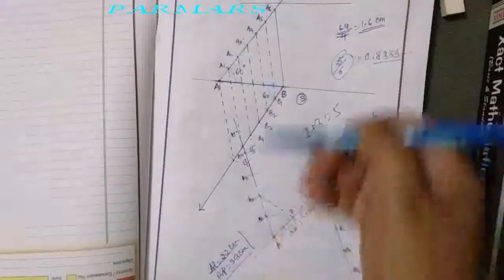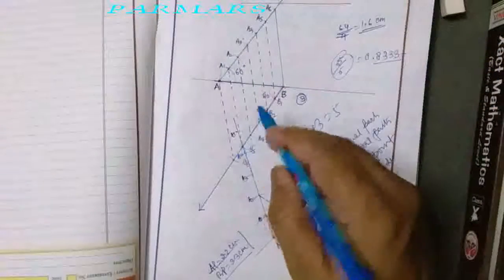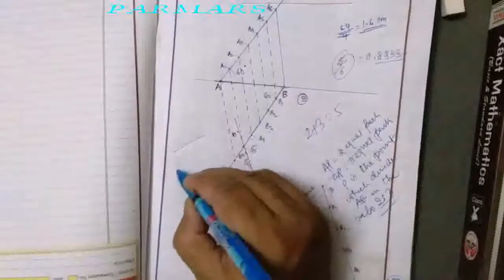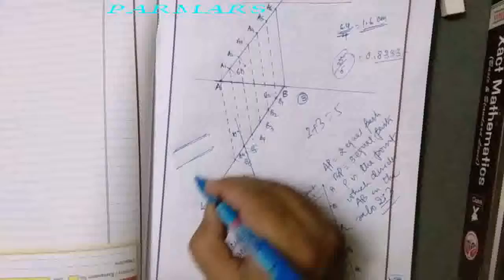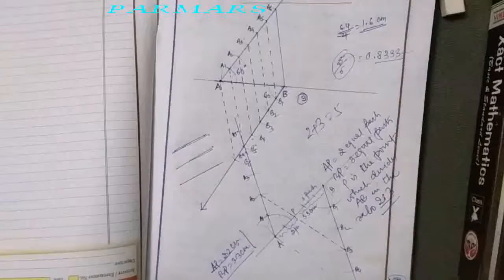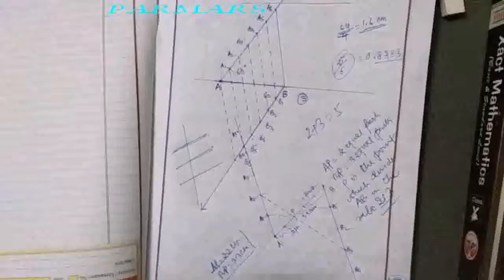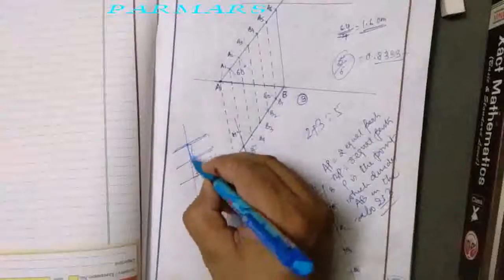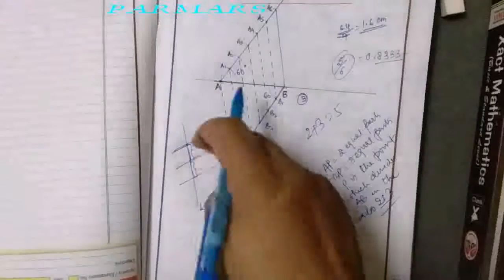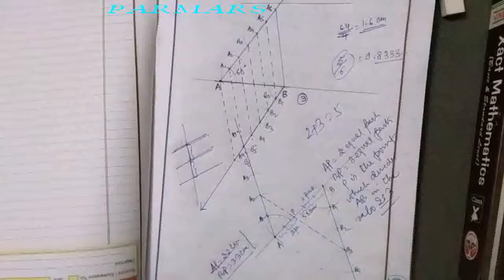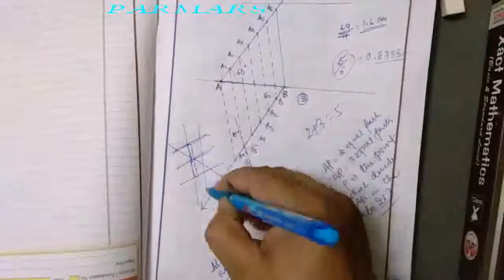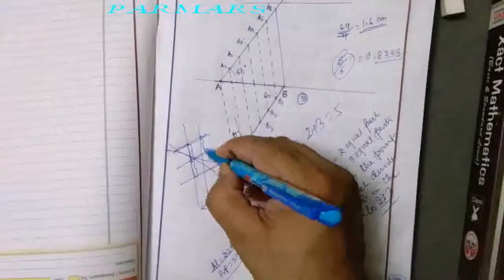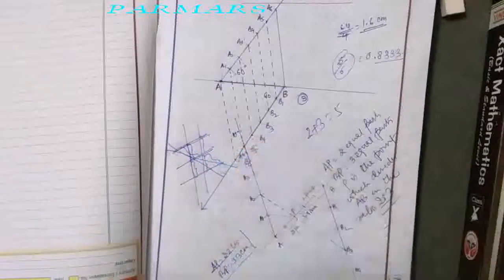Let's say there are several parallel lines, and the concept is, if 3 parallel lines are given, and if these 3 parallel lines make equal intercepts on a transversal, like this line segment is equal to this line segment, then these 3 parallel lines make equal intercepts on any other transversal. If you draw this or this or this, the line segments are equally divided, and that very concept is used in this one.